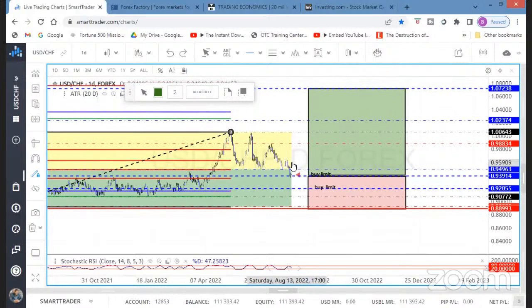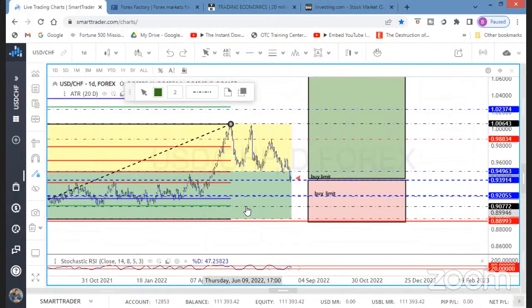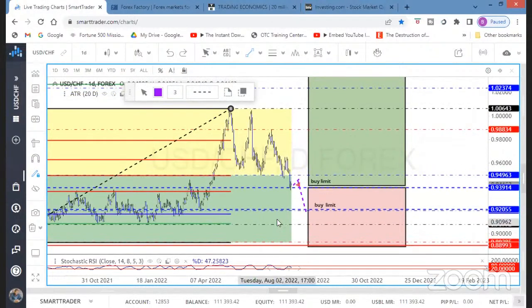Now, if you end at 0.25%, and price continues to move down, and it comes into it and it takes back 78%, I've got another buy limit here. It picks me up.